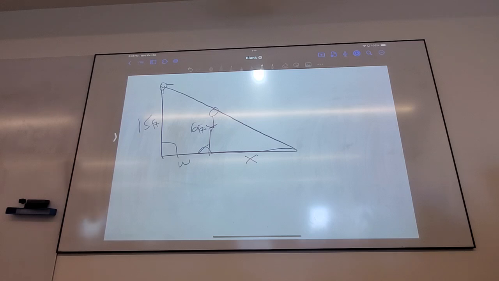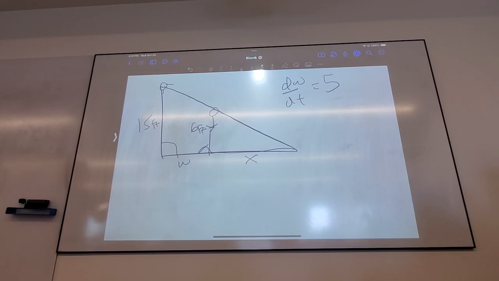Can somebody tell me what symbols I should use for 5 feet per second? Careful. dW/dt. That's why I called it W, because that's him walking. dW/dt is 5 feet per second.